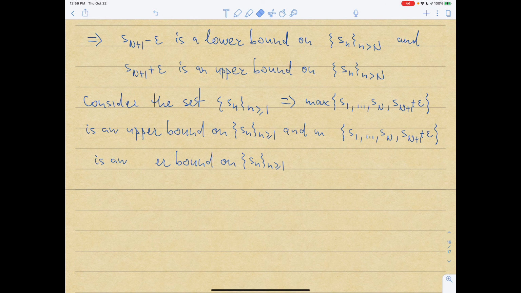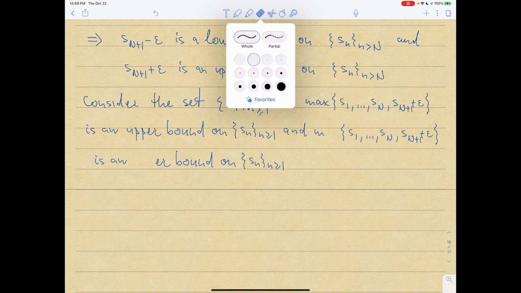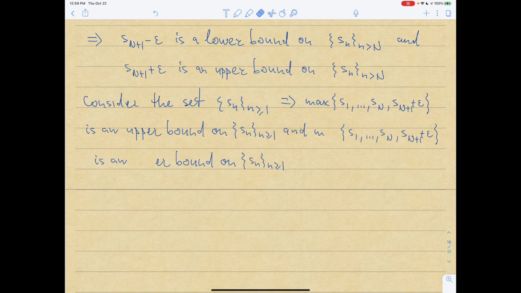If those numbers are larger than the numbers in my original subset, then the lower bound will not change. If they're smaller, then the lower bound will become lower. What's the difference between the subset and the set? It's the first capital N elements. So the minimum of the first capital N elements and the lower bound is going to be a lower bound on the entire set. So minus epsilon, it's a lower bound now, instead of plus epsilon.